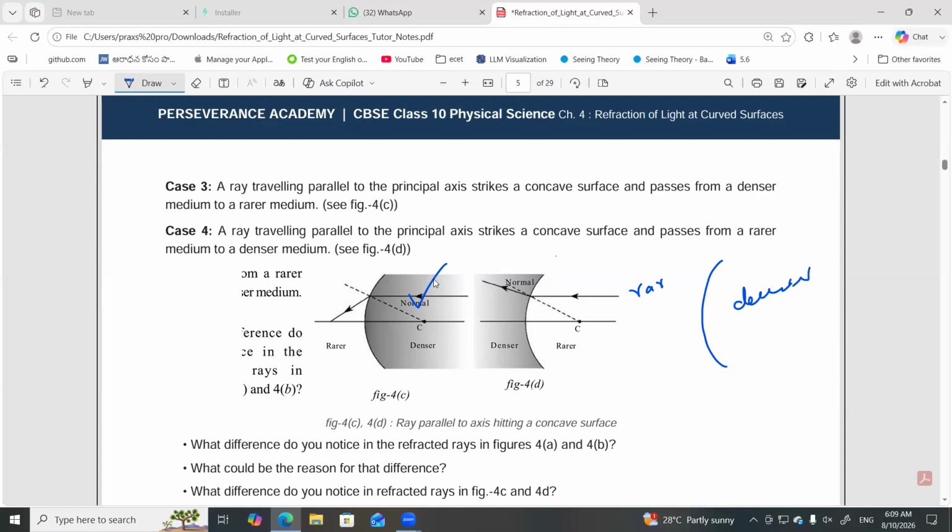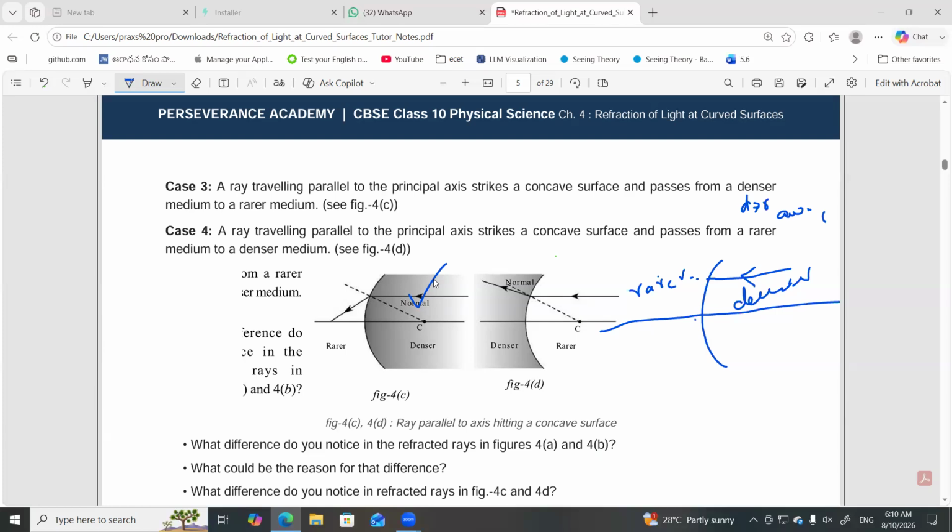In this particular surface, light ray is coming from denser to rarer. If this curved surface is not there, how would this particular light ray go? Light ray would go straight, undeviated. But the curved surface is there. We all know that when a light ray enters from denser medium to rarer medium, it should bend away from the normal.